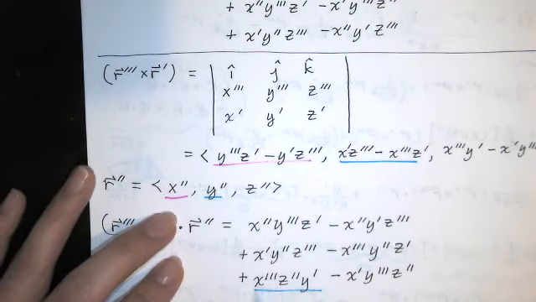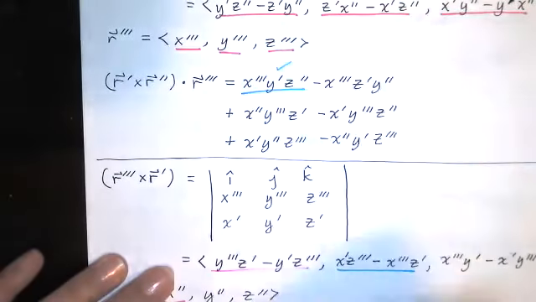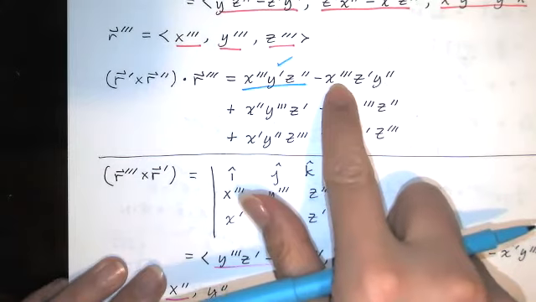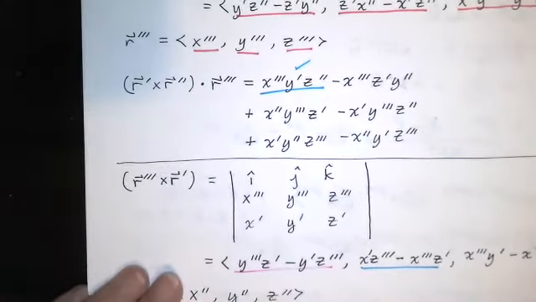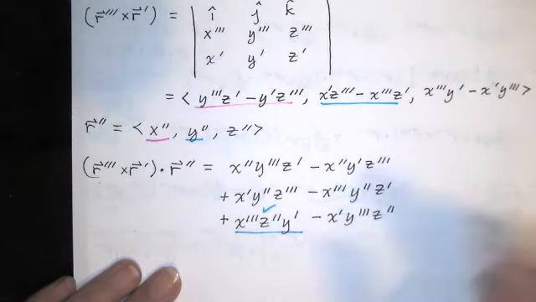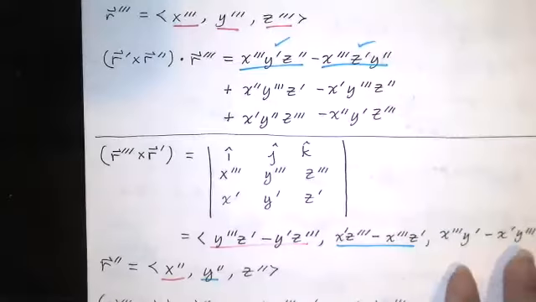It's just written in the wrong order. That's why I should have put them in the same order. X triple prime, y prime, and z double prime, those are the same. So those are taken care of. Okay, then I need a negative x triple prime, y double prime, z prime. Negative x triple prime, y double prime, z prime. So that's gone. So these guys are taken care of in the first row.